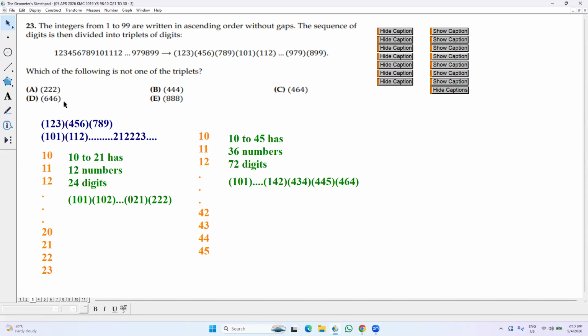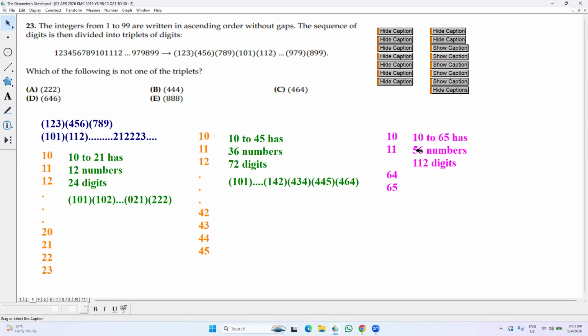So to check 646, we know it's 64 joined to 65. 64 joined to 65. 10 to 65. So 65 minus 10 is 55.